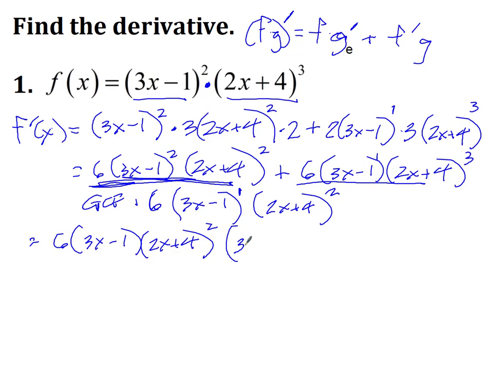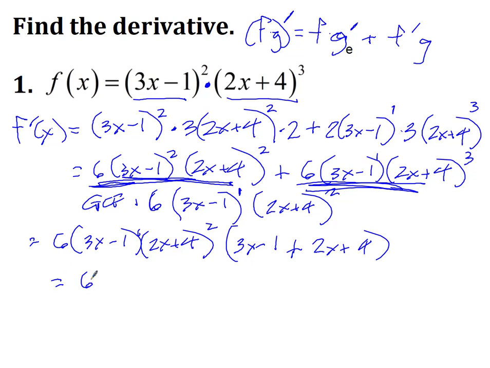All I'm left with is (3x - 1) to the first power, because when dividing you subtract exponents: 2 minus 1 gives you 1. The plus comes down. Now I divide the second term by the greatest common factor. The 6's cancel out, the (3x - 1)'s cancel out, and (2x + 4) cubed over (2x + 4) squared leaves me with (2x + 4).